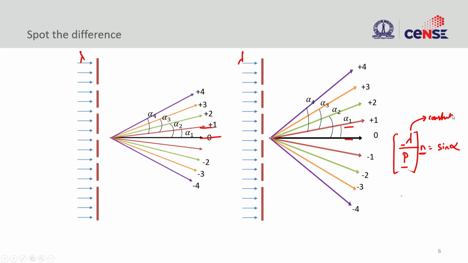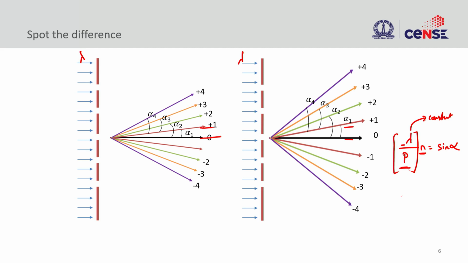So the only difference one could have between these two is a change in the pitch. These two diffraction patterns are coming from different pitches. So that we understand now, because there is a change in alpha. But now the question is, the right side one is larger, while the left side one is smaller.